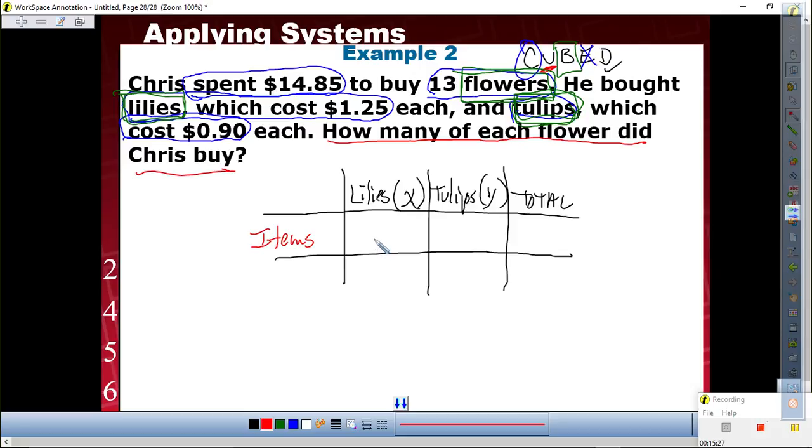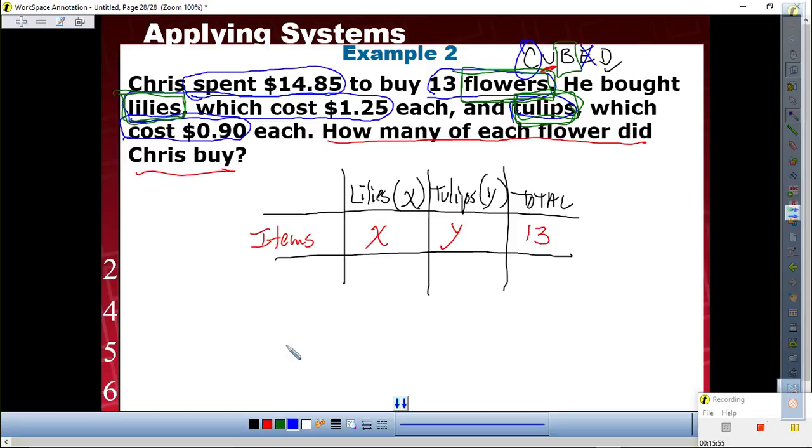What items? Do we know how many? No, items. We're not talking about money. We're talking about items. Do we know how many lilies? So what do I label this? How about tulips? How many total flowers is it getting? 13. Pass it to someone.